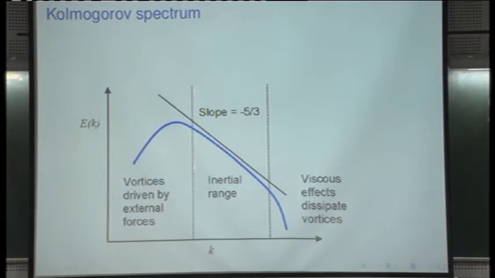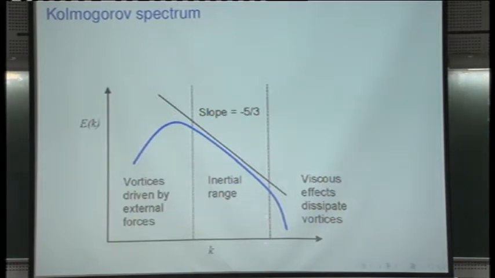Here we have a range for large scales, so small wave numbers means large scales, in which the solution is driven by the external forces, the boundary condition, the initial condition, and the data in general. So we don't know what happens. I have plotted that because that's what people usually plot, but it could have any shape.